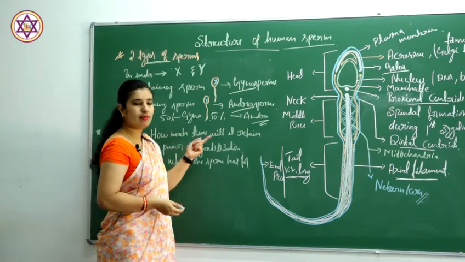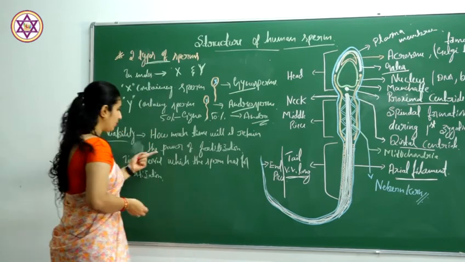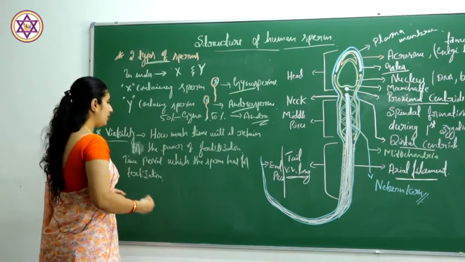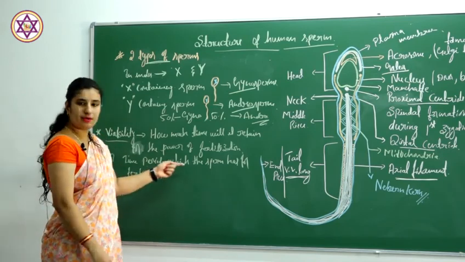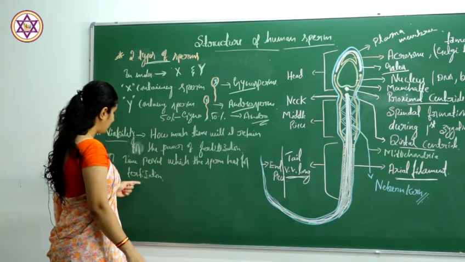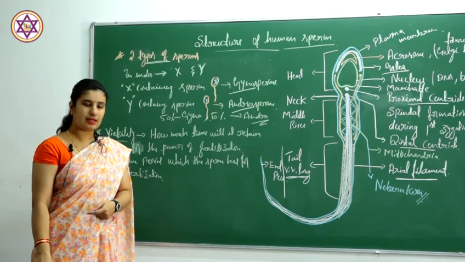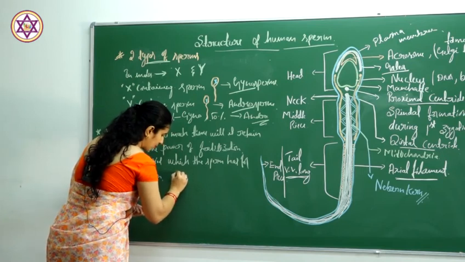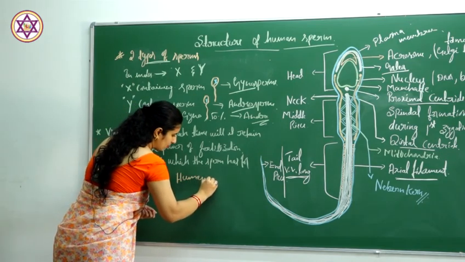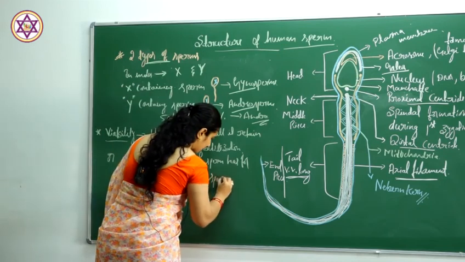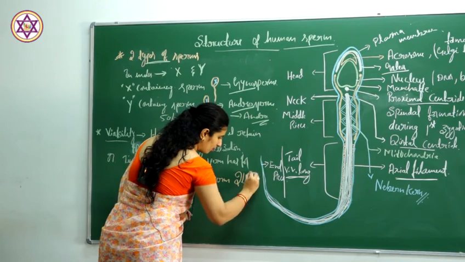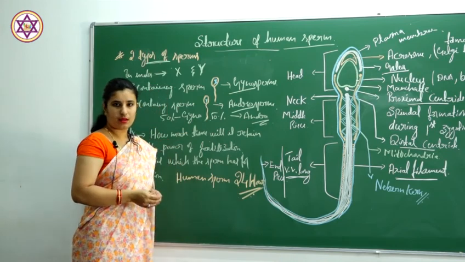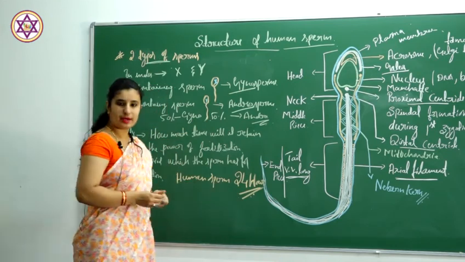It means how much time the sperm retains the ability for fertilization, in other words the time period the sperm has for fertilization. In the case of human sperm, the viability is 24 hours.